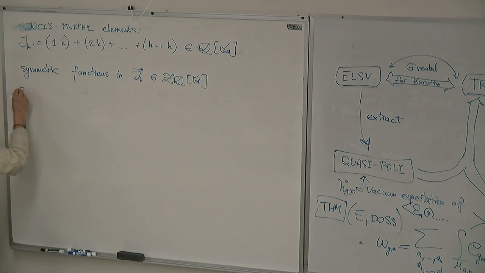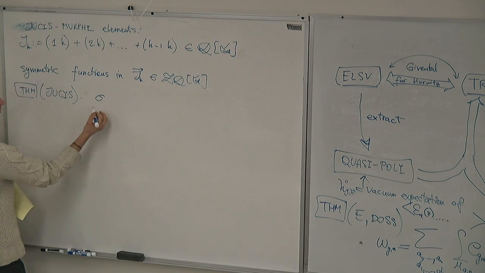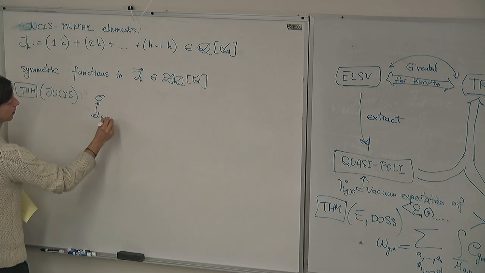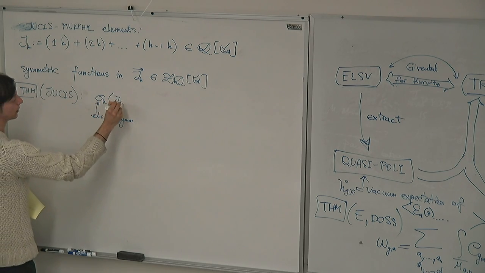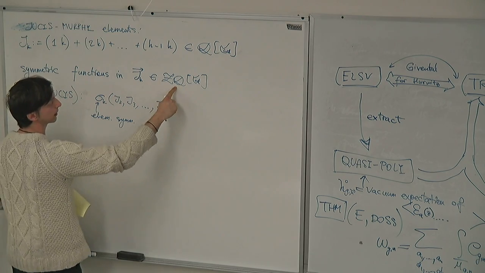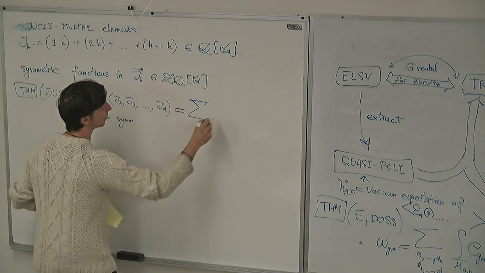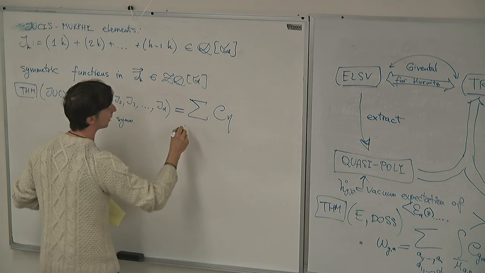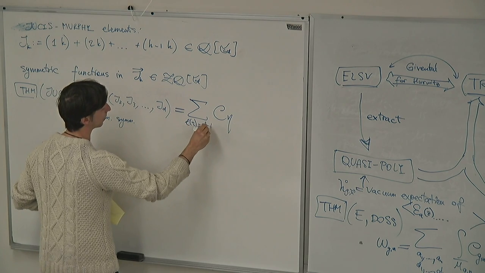In fact, there is a theorem of Jucys that says the following. If you take the elementary symmetric polynomial e_k evaluated in J_2, J_3, up to J_d, and we are in the algebra of S_d, this is equal to the sum of C_eta with the length of eta equal to d minus k.